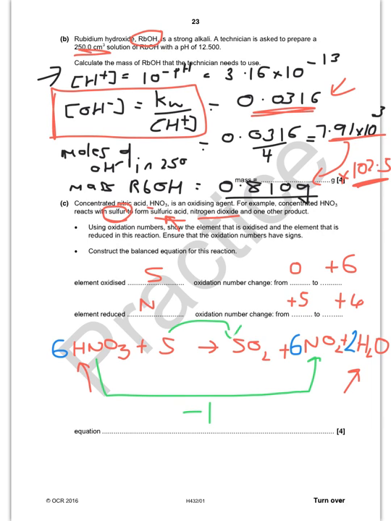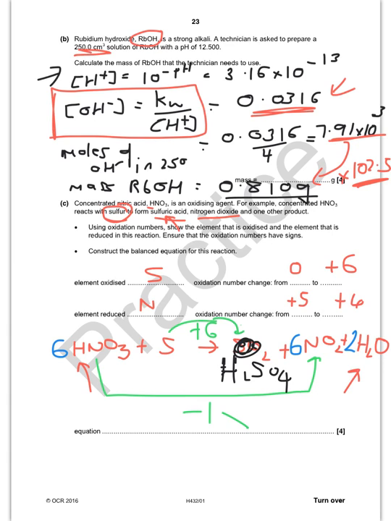That should not be SO2. That should actually be H2SO4. So let's change that to H2SO4. And now the oxidation number of sulfur there is going to be +6.